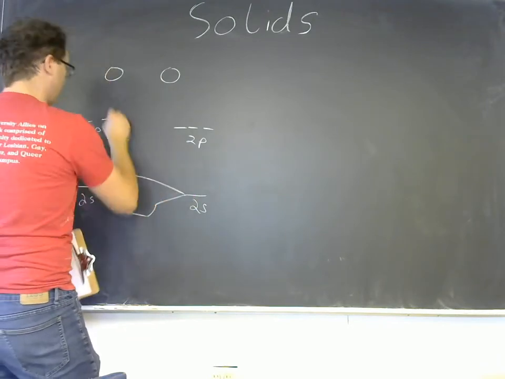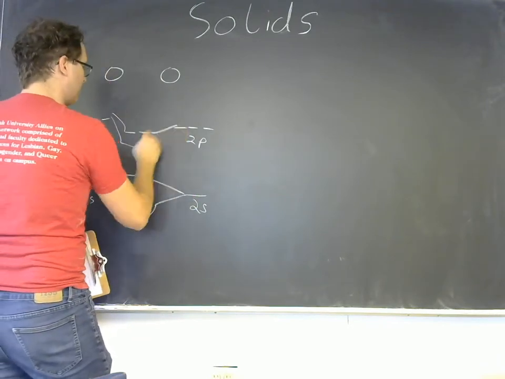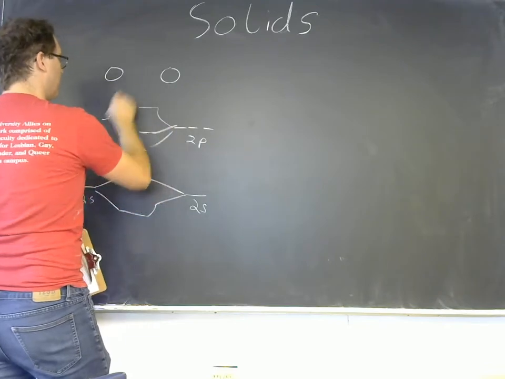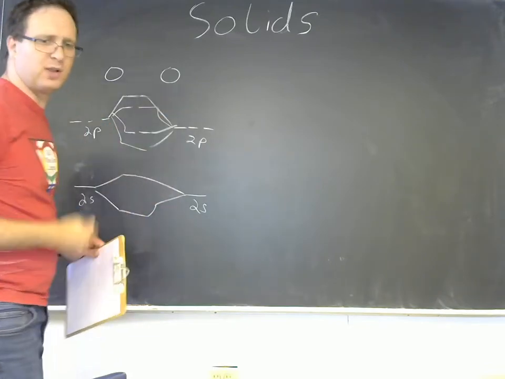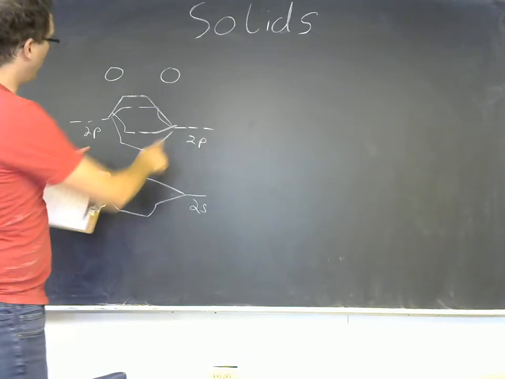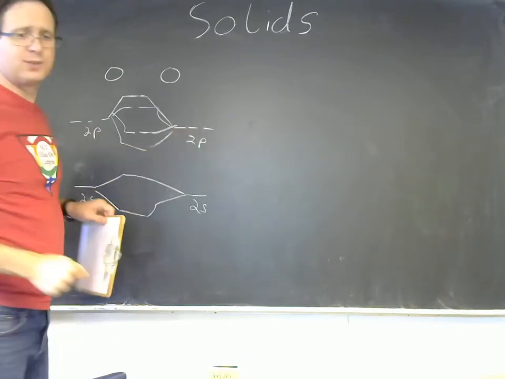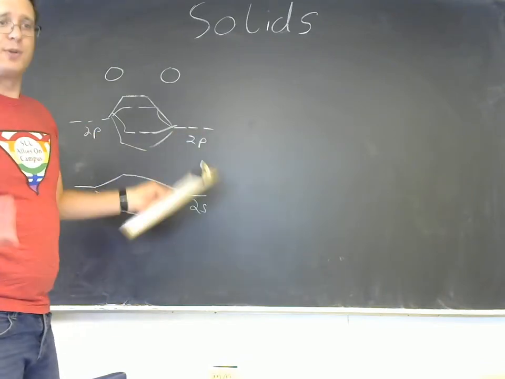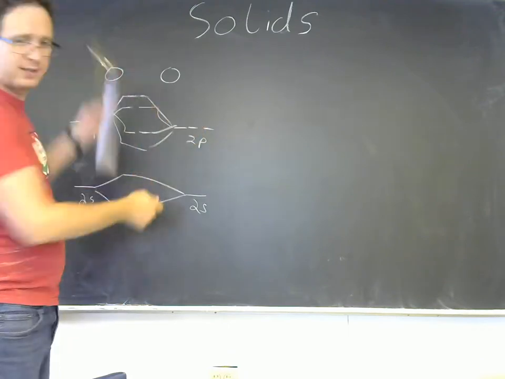I'll do a really sloppy job of this because that's a review. This is molecular orbital theory, where the orbitals or the energy levels from the two bonding partners will combine and mix and split.